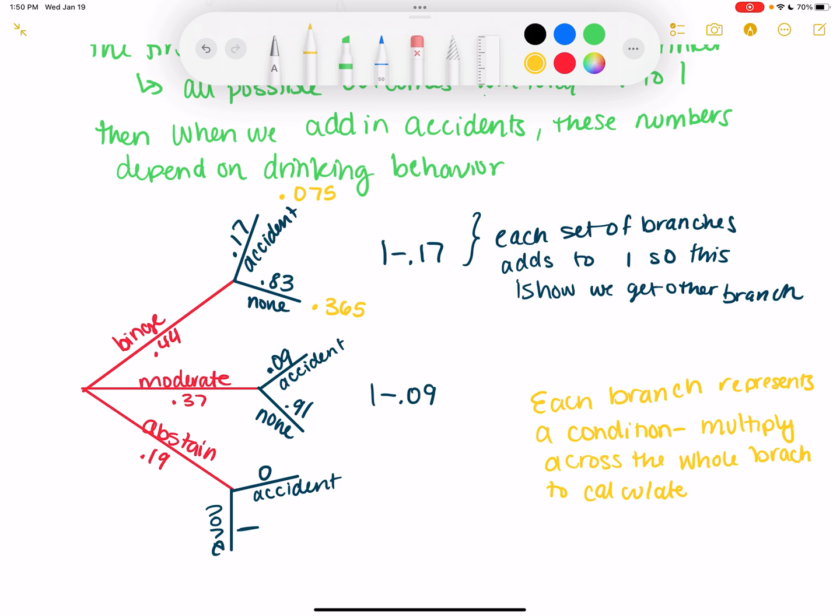Moderate accident, 0.37 times 0.09 is 0.033. Moderate no accident, 0.37 times 0.91, 0.337. Abstain and accident is 0, because it's 0.19 times 0. Then 0.19 times 1 is just 0.190, to keep the 3 decimal places.